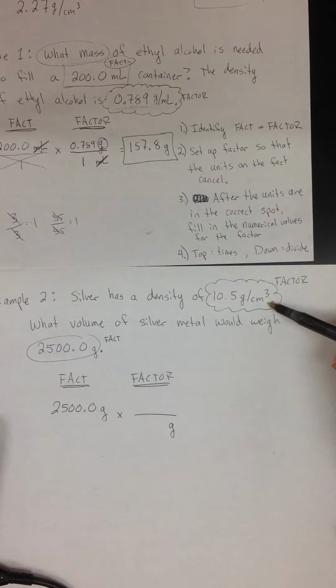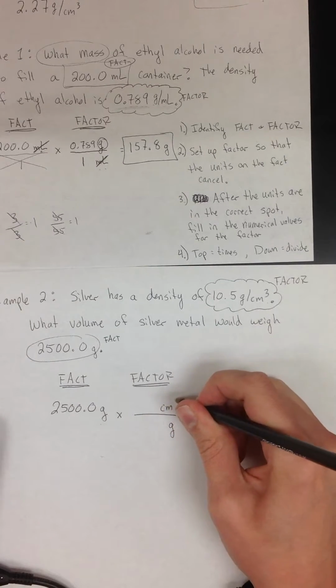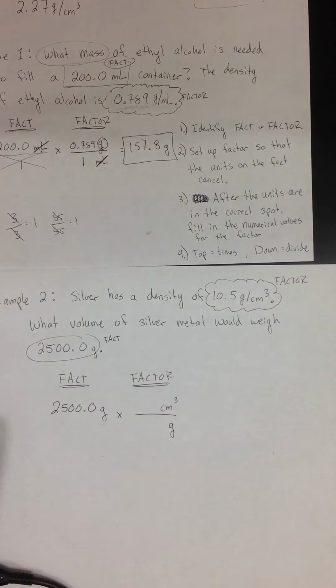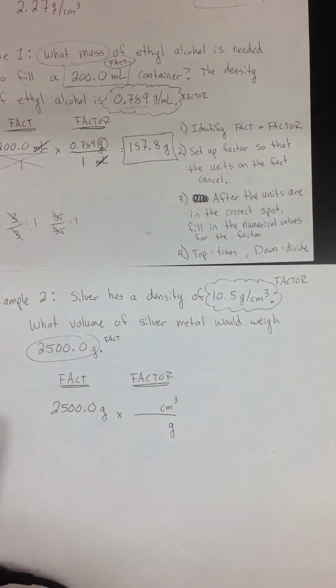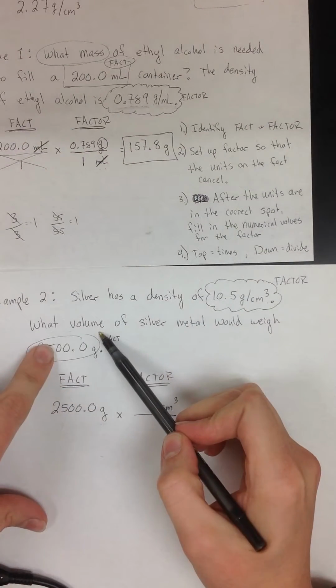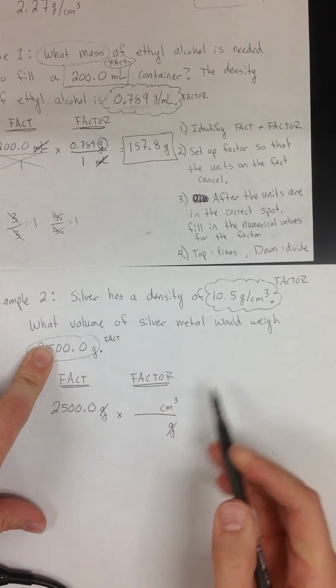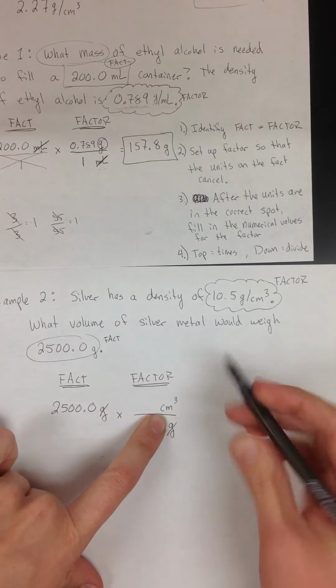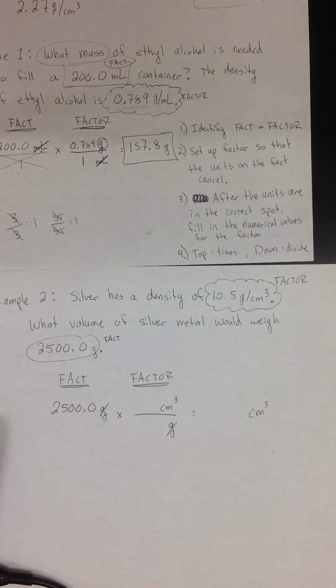My factor, the other component of my factor, has units of centimeters cubed. I'm going to put that on top because this is my factor. It has those units. I have to use those two units. Now, I'm trying to find volume. If my grams cancel out, would I be left with units of volume? Yep, because centimeters cubed also measures volume.